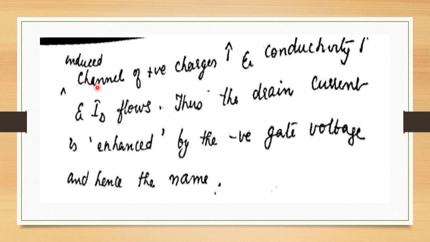So when VGS is more negative, the induced channel of positive charges increases, the conductivity increases and ID starts flowing. Thus the drain current is enhanced by the negative gate voltage. I repeat, the drain current is enhanced by the negative gate voltage, and hence this device is called the enhancement MOSFET.